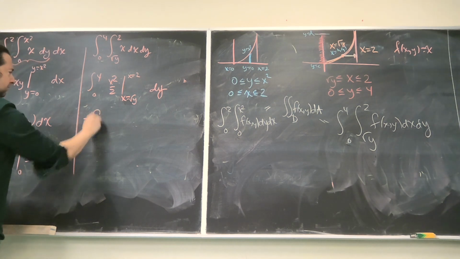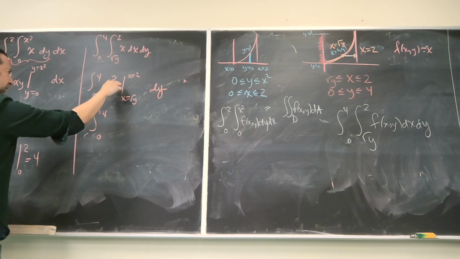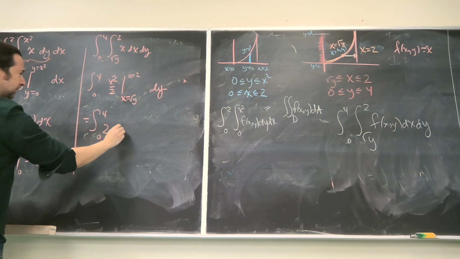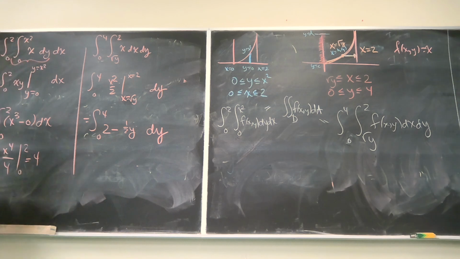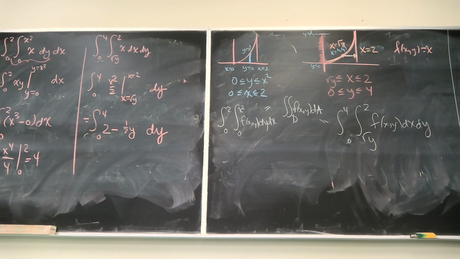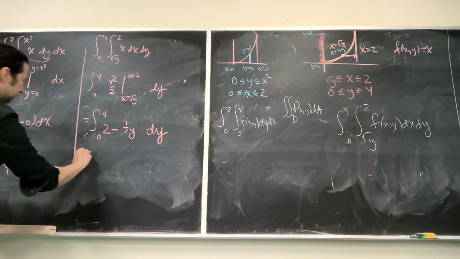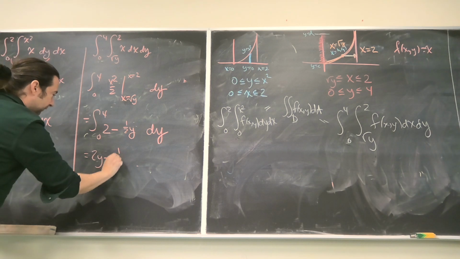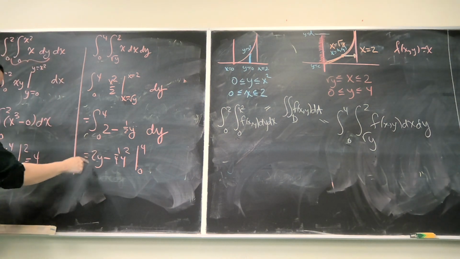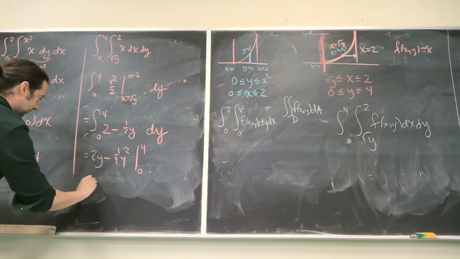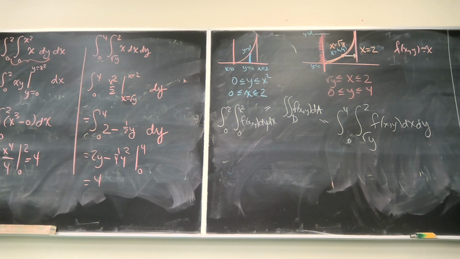Which gets me the integral from 0 to 4 of 2 minus 1/2 of a y, which is equal to 2y minus 1/4 of a y squared evaluated from 0 to 4, which is 8 minus 4, which is 4. Okay, so math still works.